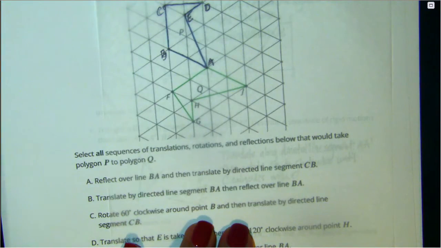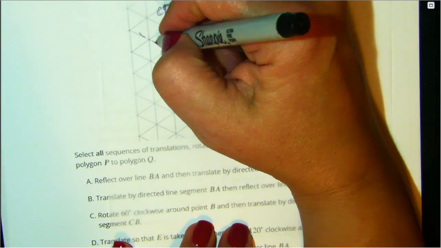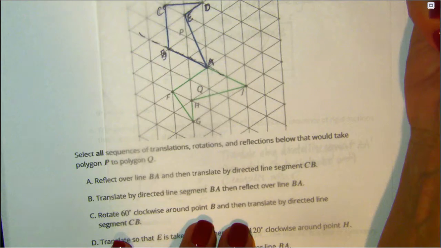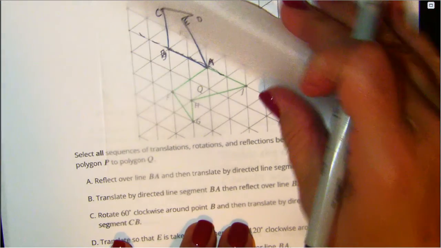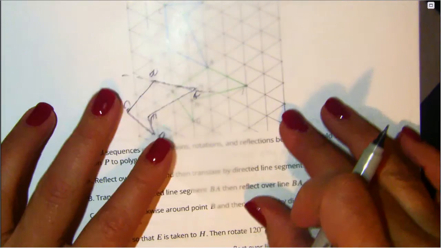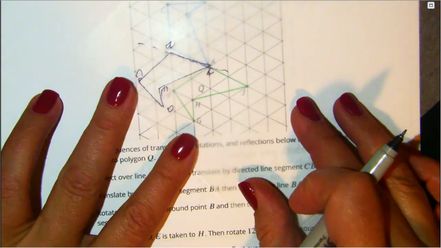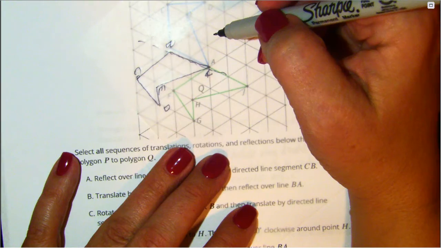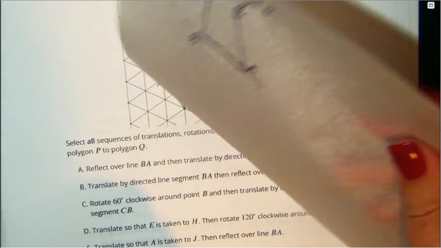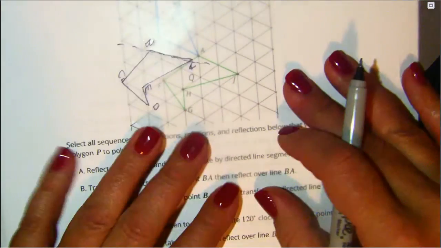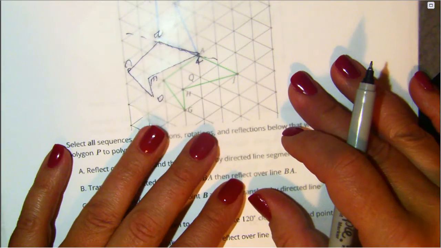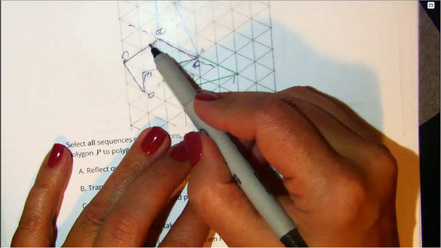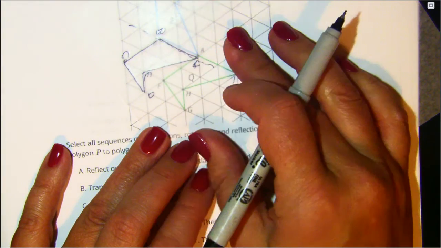All right, letter A. It says reflect over line BA. Here's line BA. And then translate by directed line segment CD. So if I reflect and then CB. That's not going to work. Sorry. CB is right here. That would then move it like this.